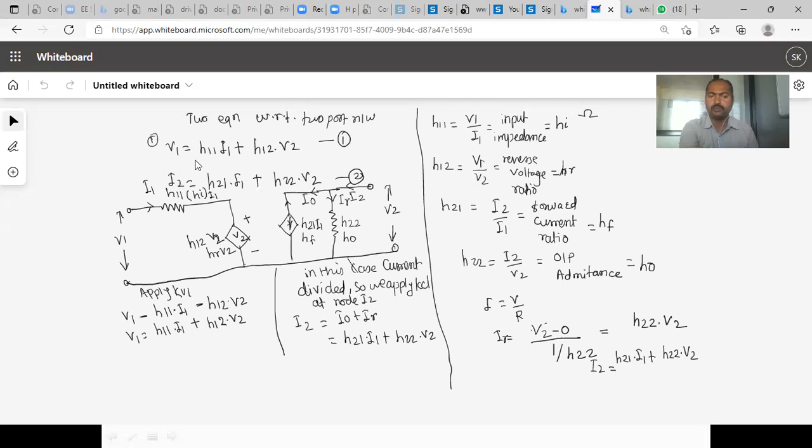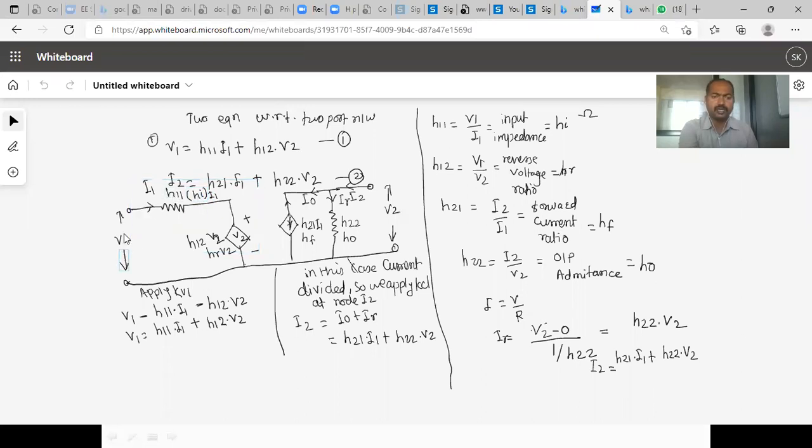With respect to the input port, V1 as it is. H11 is V1 upon I1, the input impedance, so it is like a resistance. So in the upper part we write one resistance, which is H11, the input impedance, so it is HI.